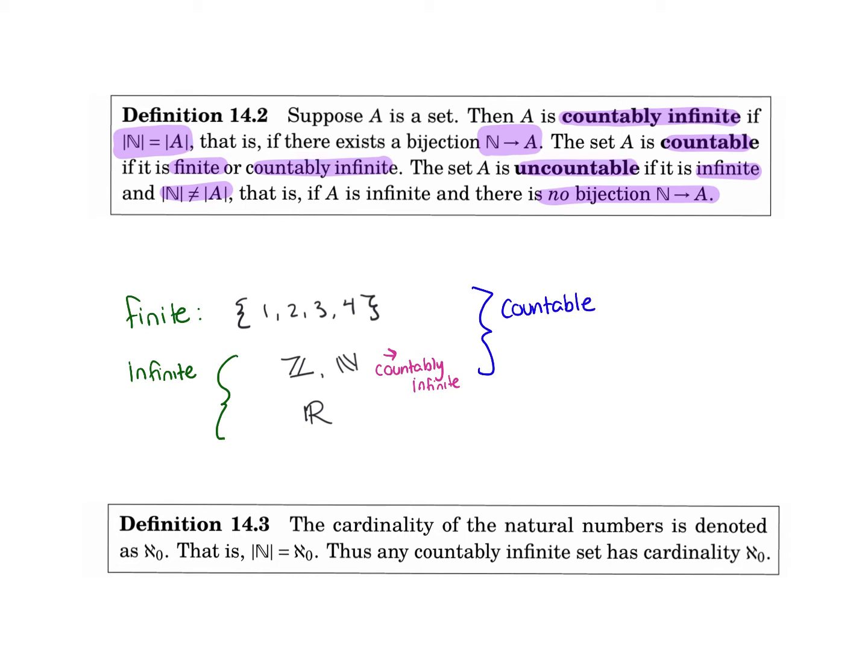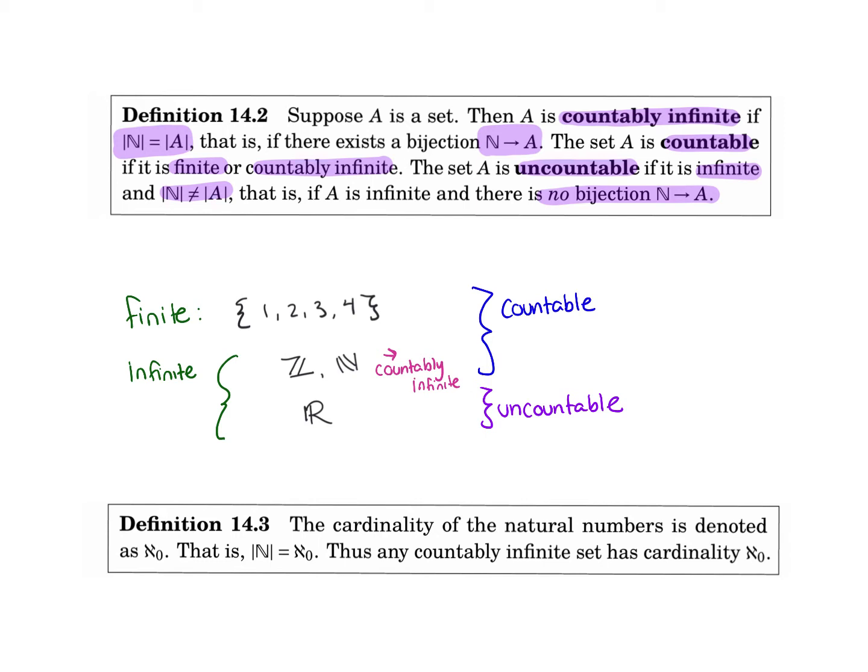And then if it's infinite and it doesn't have the same cardinality as the natural numbers, that is going to be uncountable. So I have my finite and infinite sets, but that's different than saying countable or uncountable. The integers and the natural numbers are countably infinite, where the real numbers are uncountable.